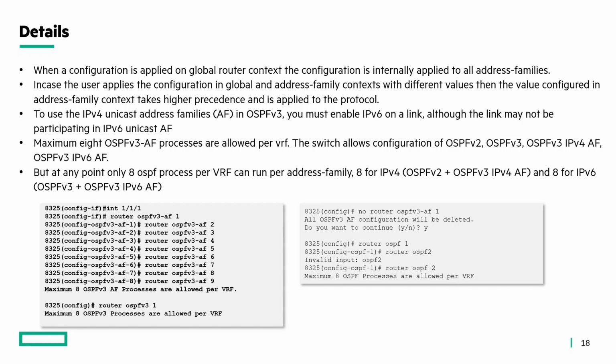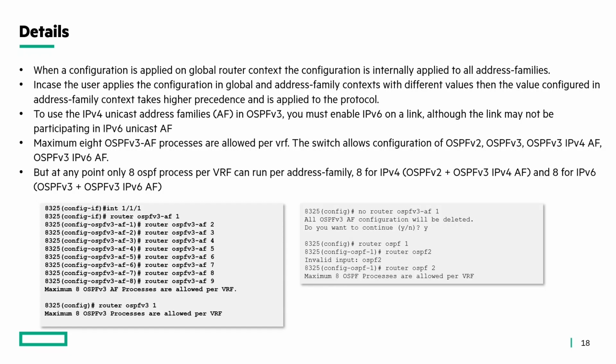A maximum of 8 OSPFv3 address family processes are allowed per VRF. The switch allows configuration of OSPFv2, OSPFv3, OSPFv3 IPv4 AF, and OSPFv3 IPv6 AF.